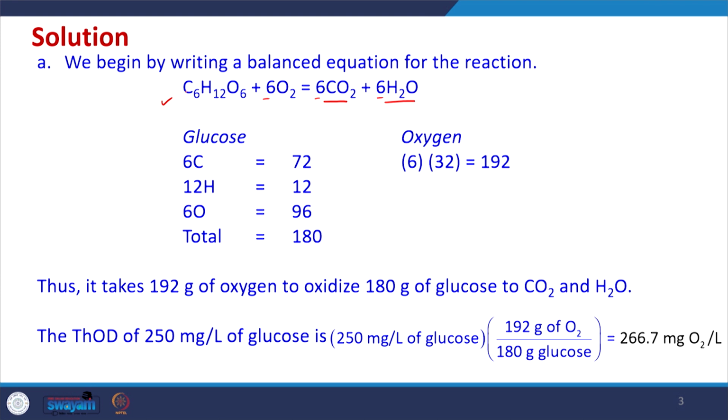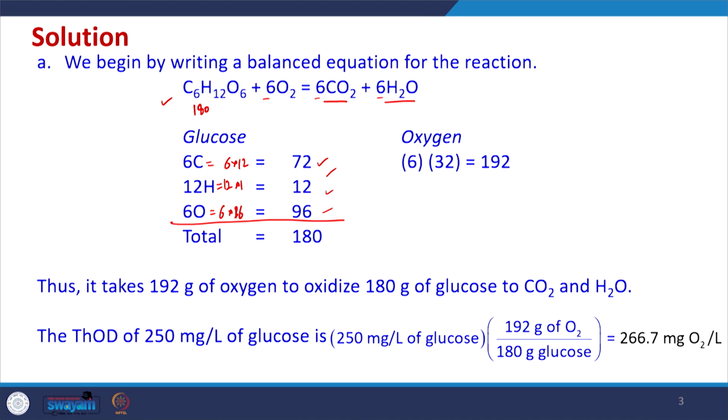It has 6 carbon atoms, 12 hydrogen atoms, 6 oxygen atoms. So, this is 6 into 12, 12 into 1, and 6 into 16. If we calculate this, the total is 180. So, glucose has a molecular weight of 180.